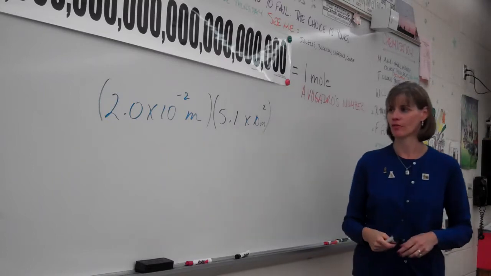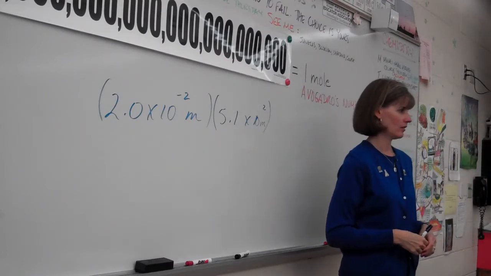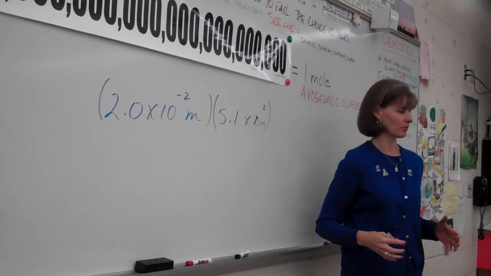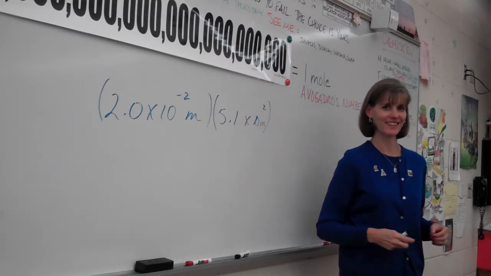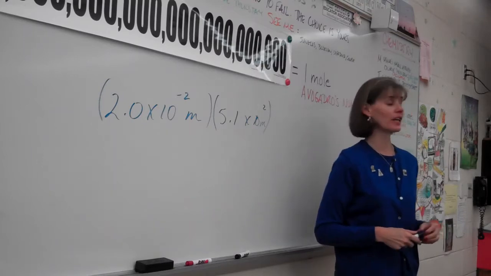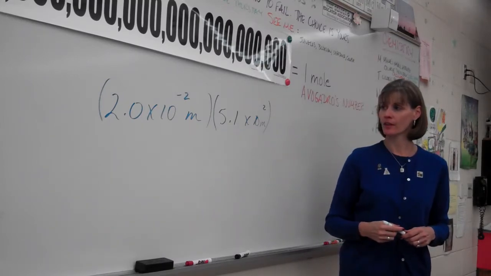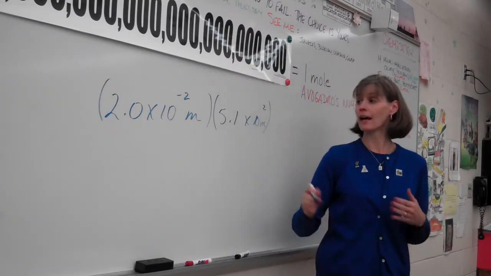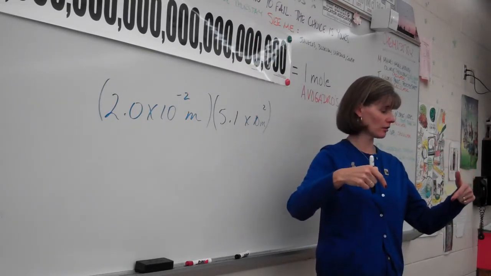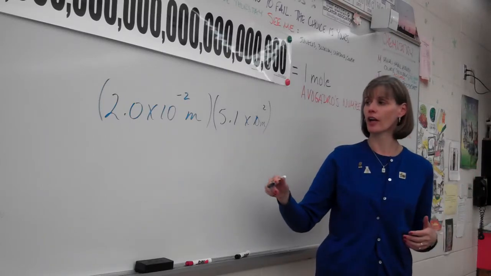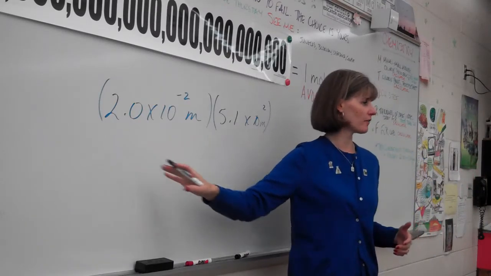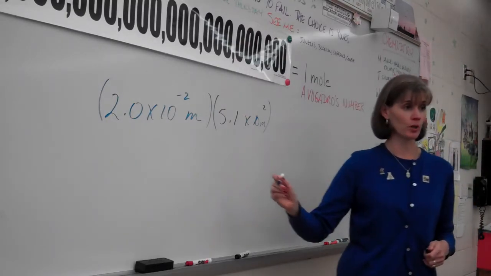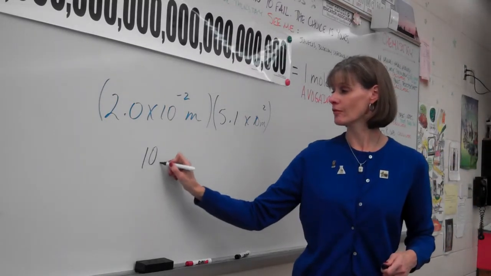Now what do we do? Add them. Add what? Exponents. Okay, well what do we have to do to the 5.1 and the 2.0? Multiply. Now, when you punch that in your calculator, aka your head, what do you get when you multiply 5.1 times 2? 10.2.